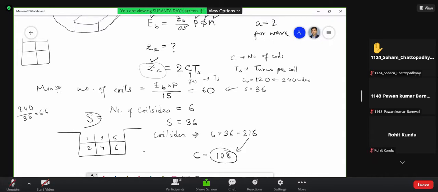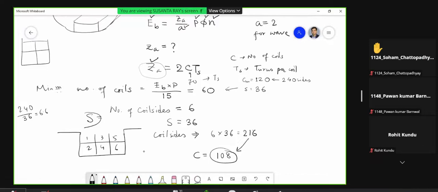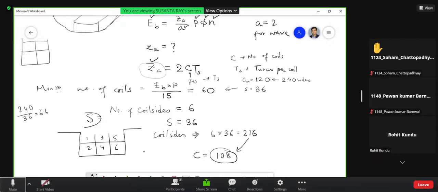Here also your selection of slot matters. How many slots you have taken. Because the number of armature conductors you can deviate, but you cannot deviate too much. Now if you want to deviate too much, then you have to adjust somewhere else. Suppose in the number of slots also you have to adjust something.